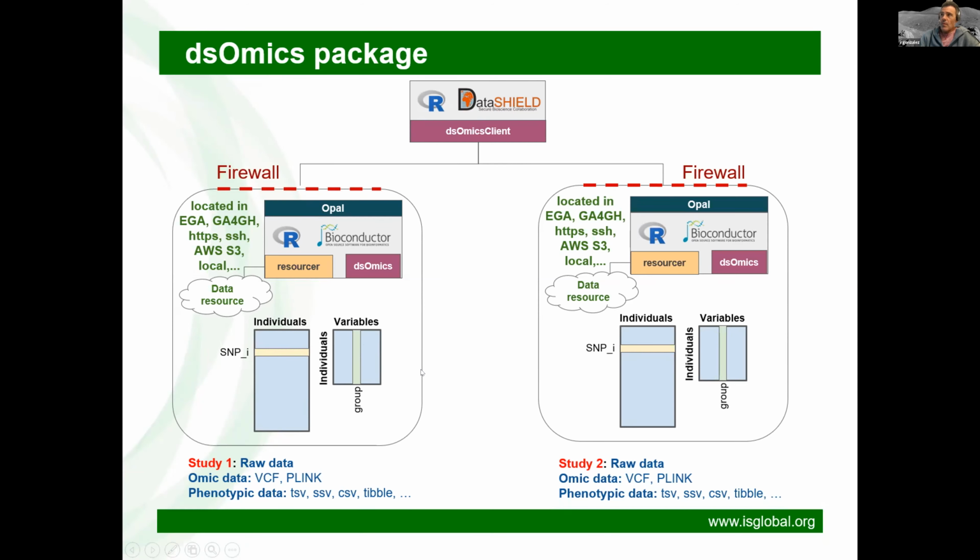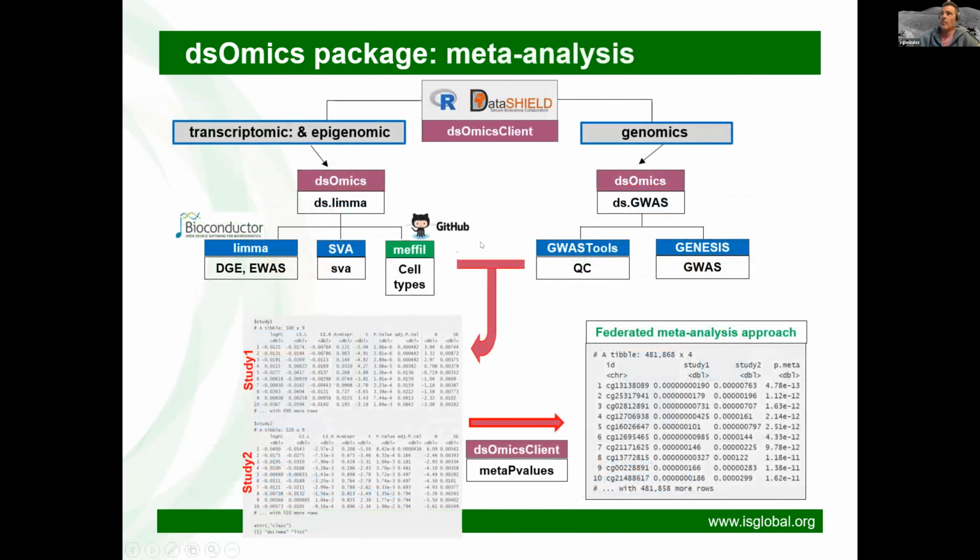And in dsOmics, we can run 2 different data analyses. Just forget this part, which is for expression and transcriptomic data analysis. Let's focus on this part here. There is a function called dsGWAS that is performing the meta-analysis as if you are involved in a consortia.